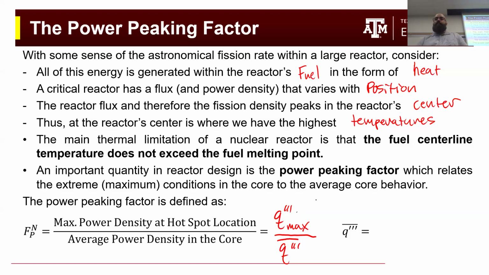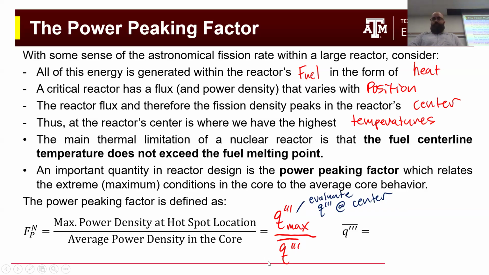The maximum, we're going to find by just evaluating Q triple prime at the center. Depending on what the geometry is, you'll have different forms for this Q triple prime. But if you just evaluate it at the center, that is by definition going to be where your power density is the highest.